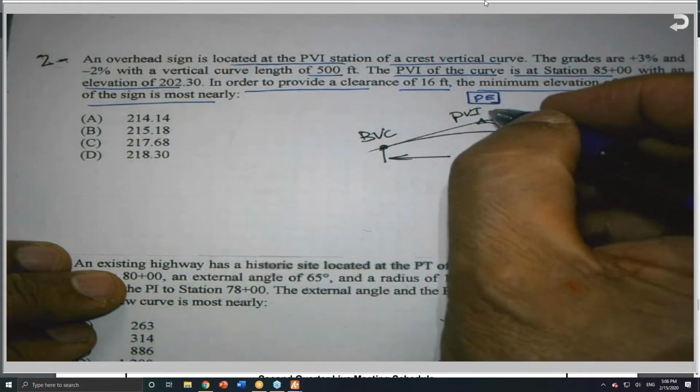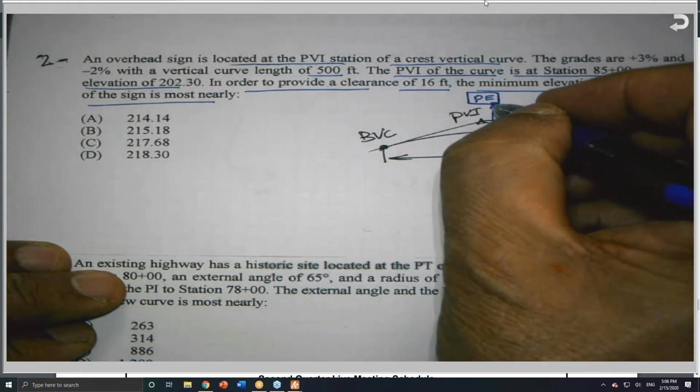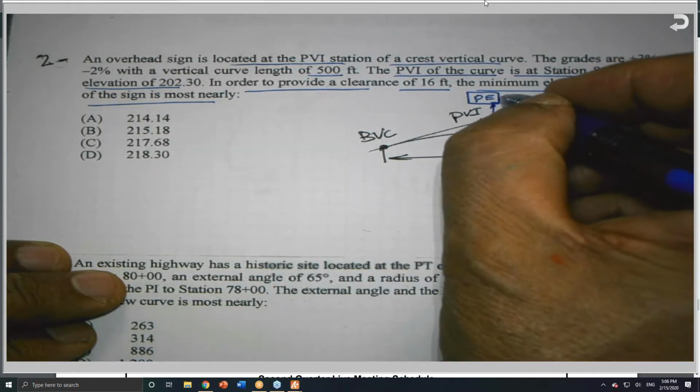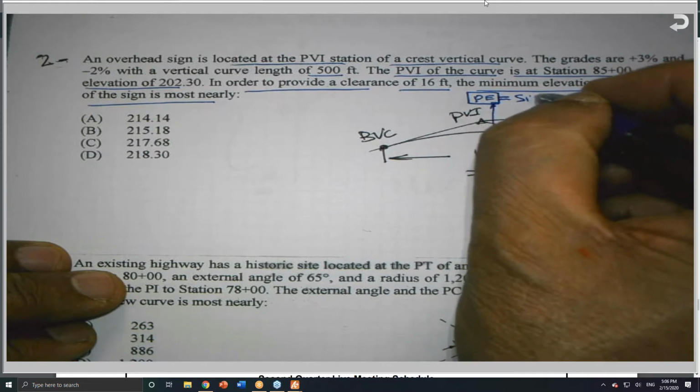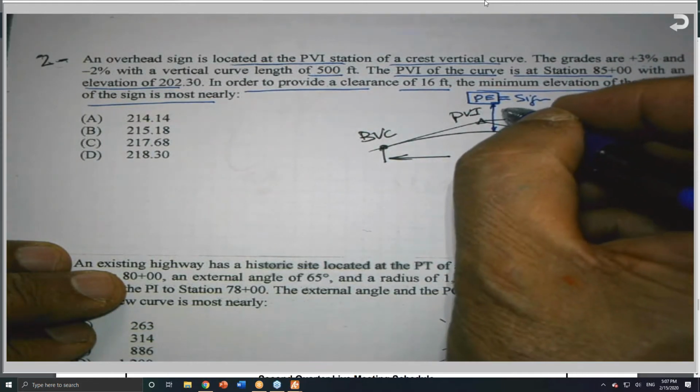We need from here to here, this is the sign, a vertical clearance minimum of 16 feet.